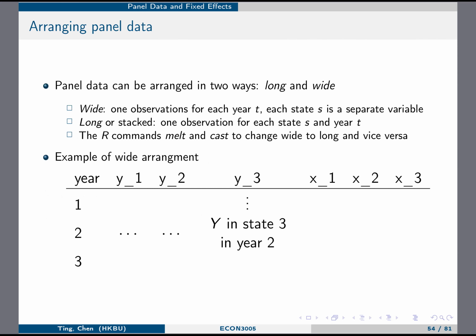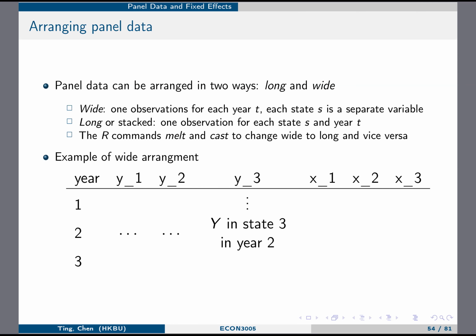In R, we can arrange the panel data in two different ways. You can arrange it in long format or wide format. In the wide format, one observation refers to one year, and for each variable, we will have one column for each particular state.